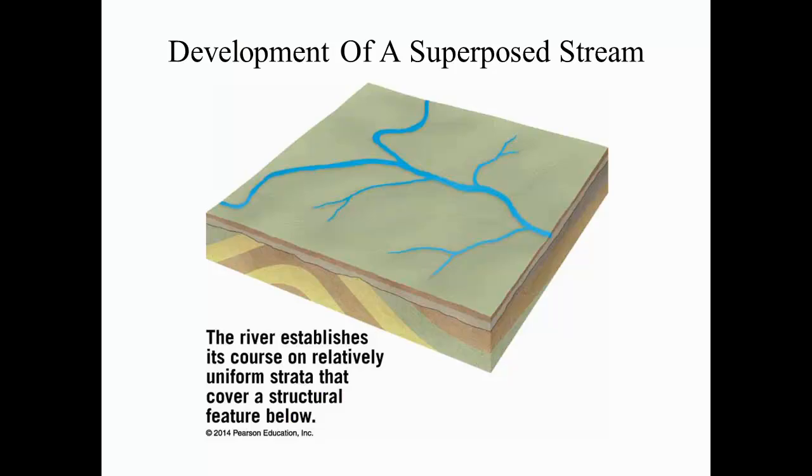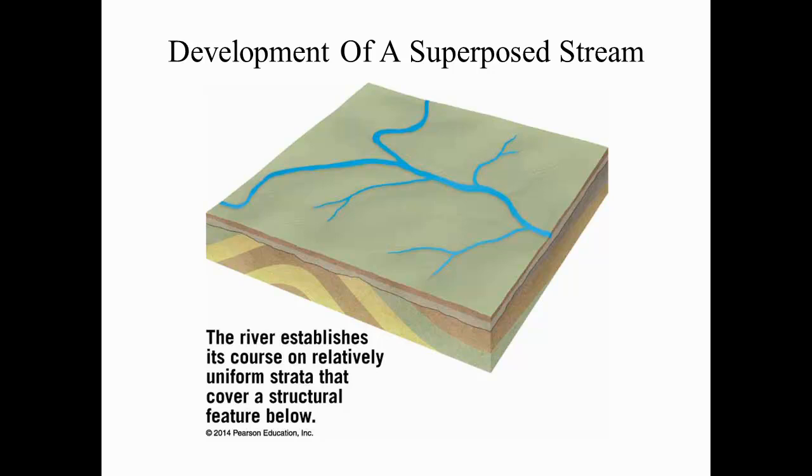Here, for an example, we see the development of a superposed stream. Initially, notice that within the deeper part of the block diagram, we have folded structures, essentially an anticline. But then we have an angular unconformity, which is overlain by horizontally layered sedimentary rocks. So we start out where the river establishes its course on the relatively uniform strata, at this point covering the structural feature below.